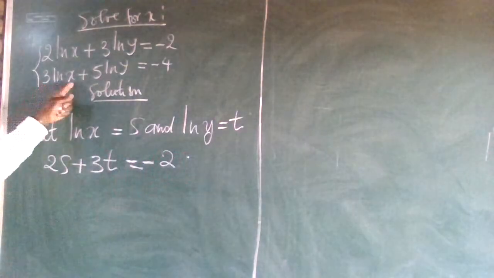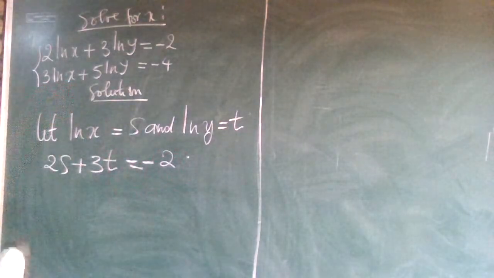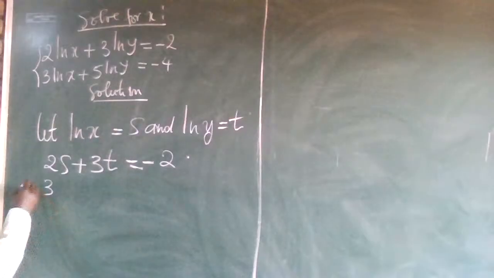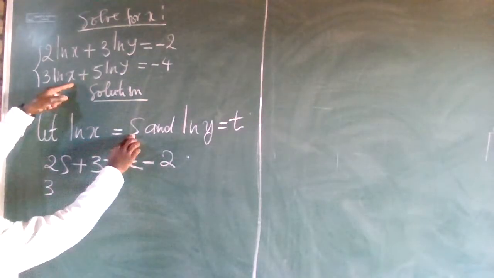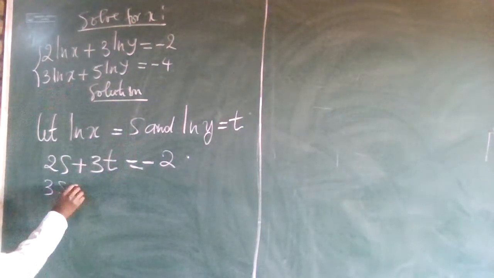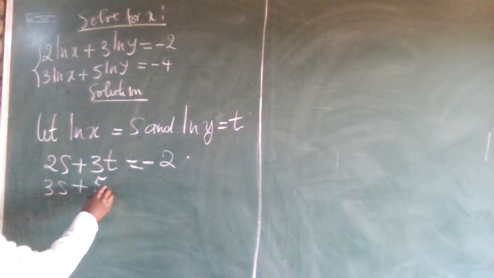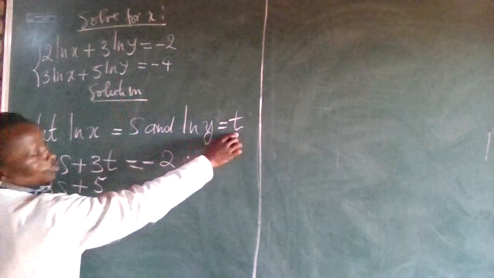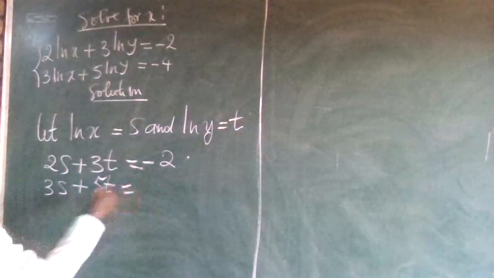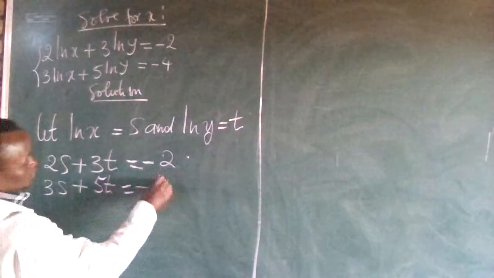Now we are reaching equation number 2, where we have 3 ln x, which is s, plus 5 ln y, which is t, equal to minus 4.